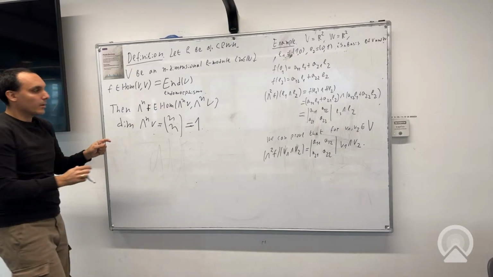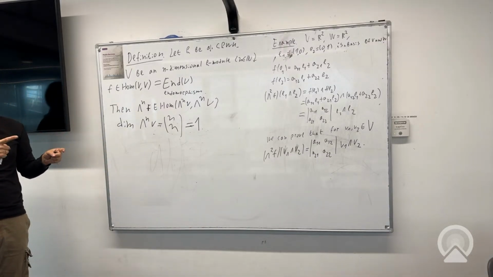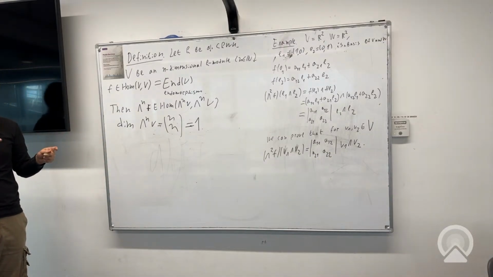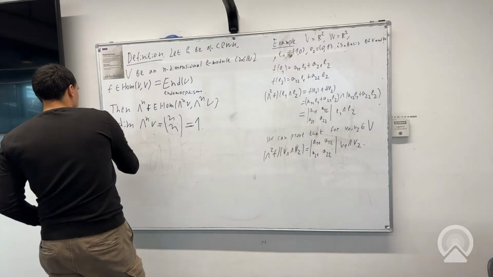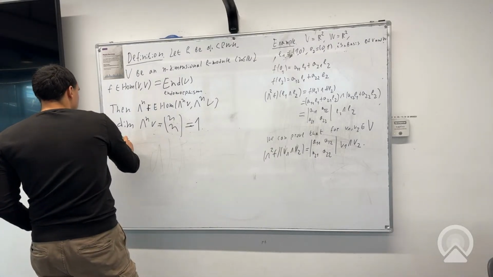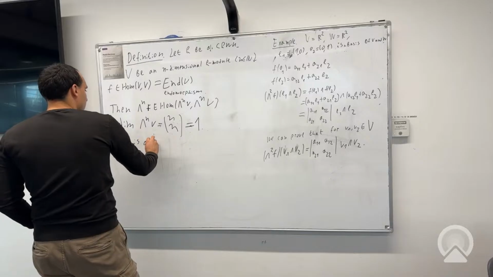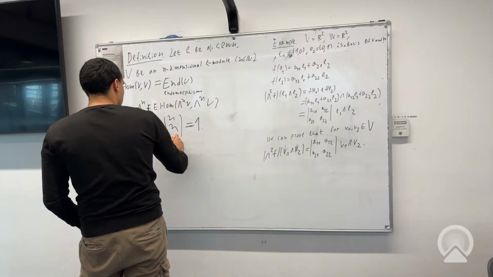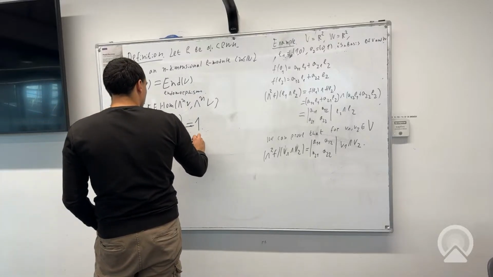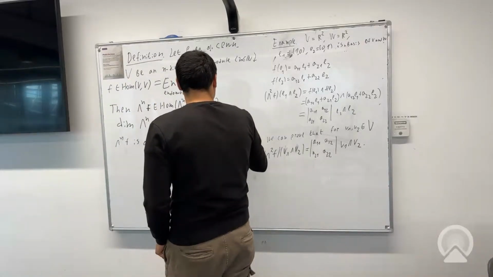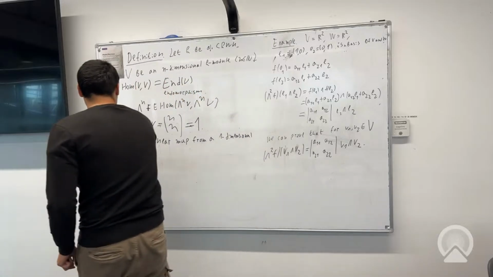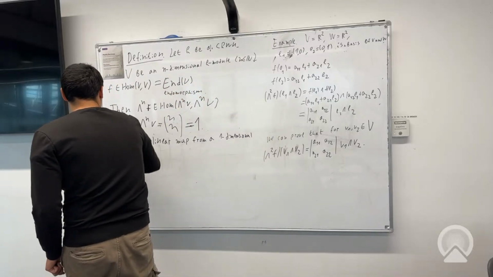Therefore, a linear map from a one-dimensional space to itself is something multiplied by a constant. So lambda n f is a linear map from a one-dimensional module to itself.